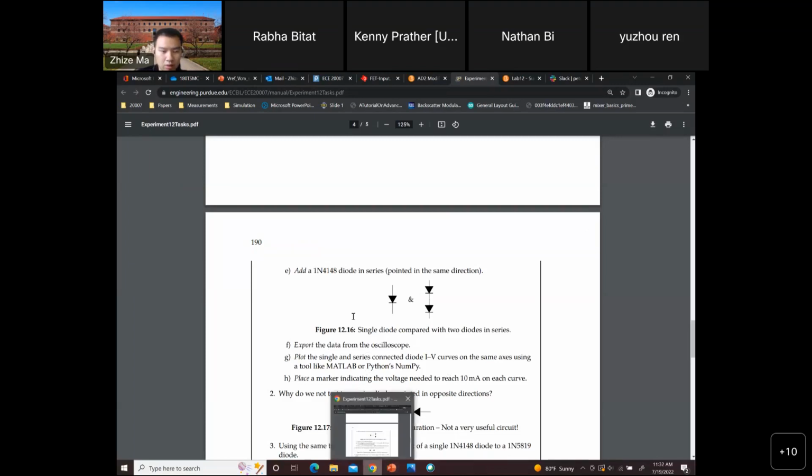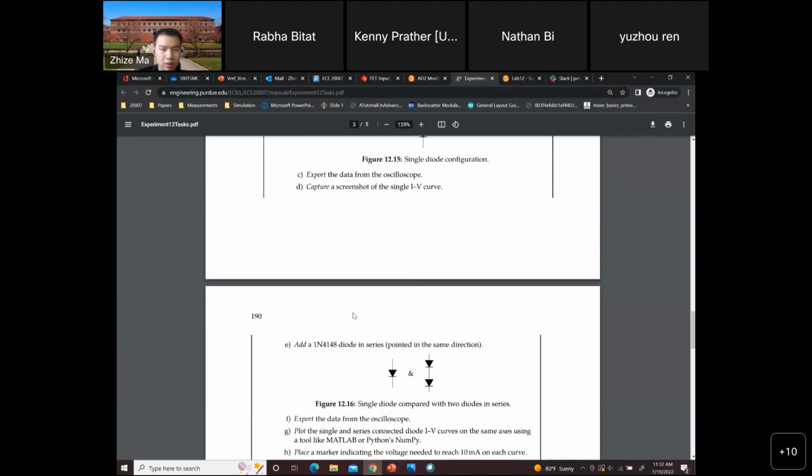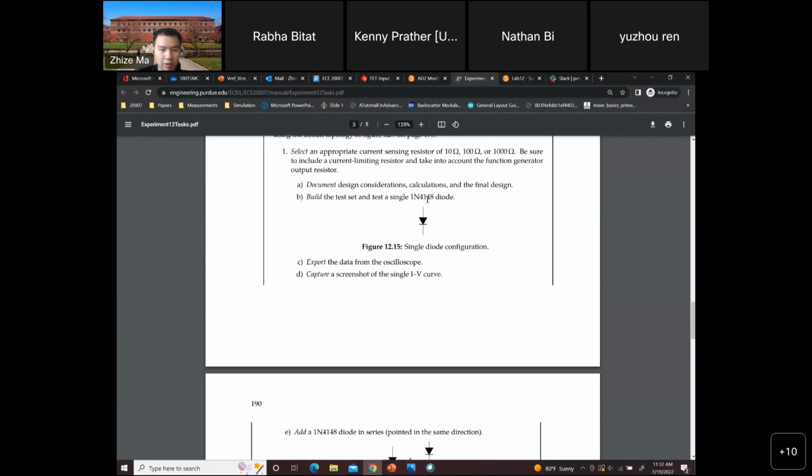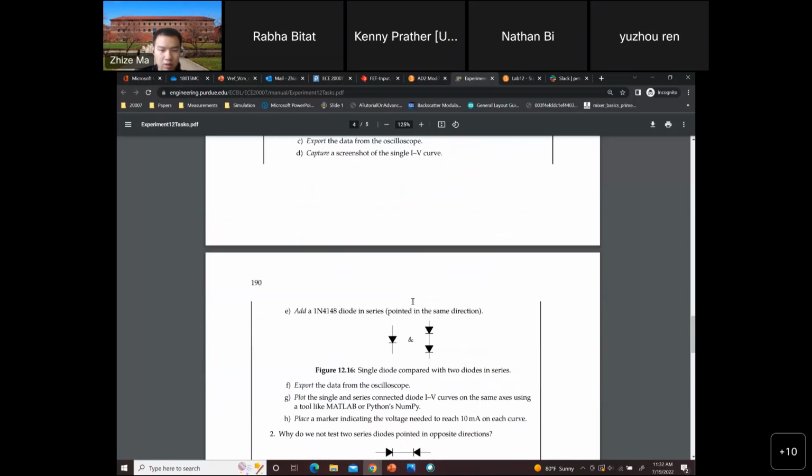So for task 2, step number 1, you're going to test the 4148 diode, and then you're going to put 2 diodes in series, plot them again, and also export the data again.